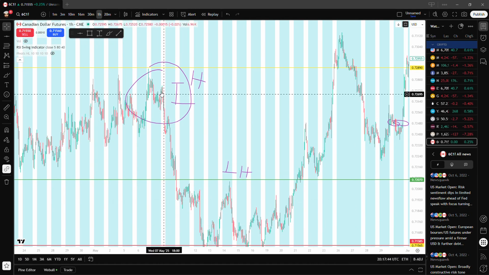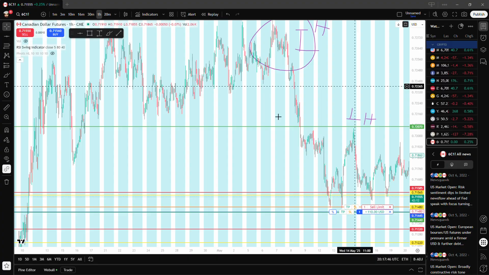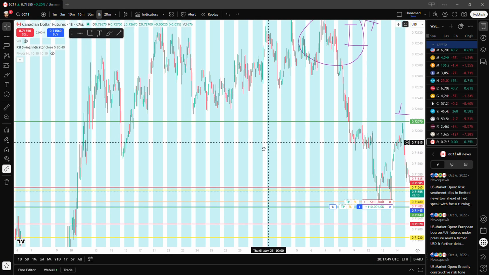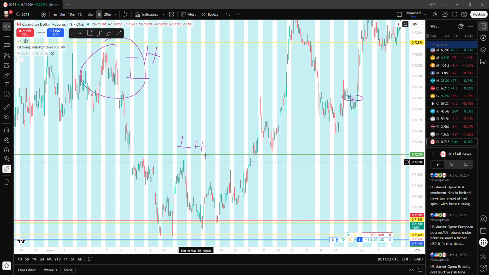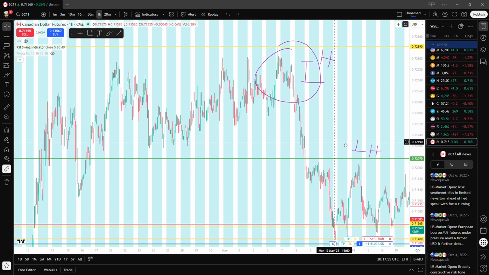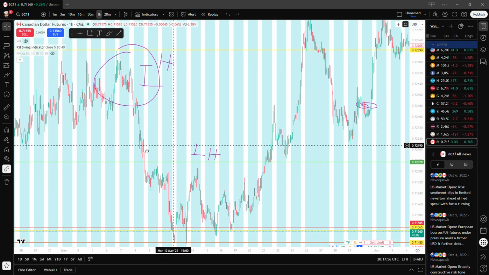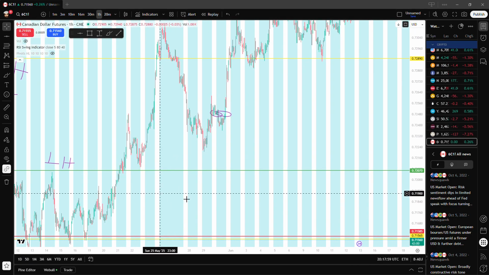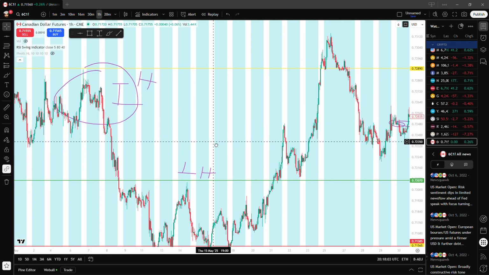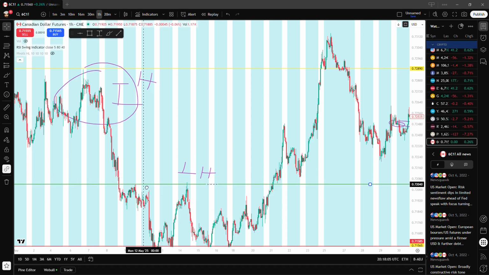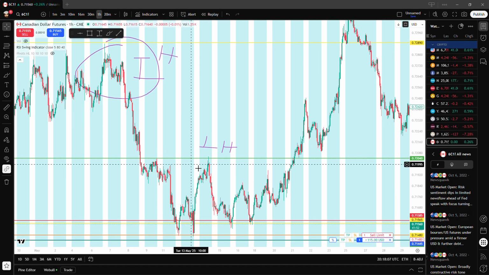So usually something like this, whenever it comes off into a really big dip like this, I'll wait for the lower high to form right here, some type of lower high, and then I'll just wait for it to break, like this right here. I would probably have had it right like that.